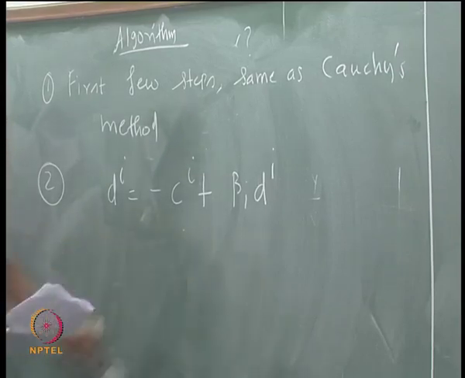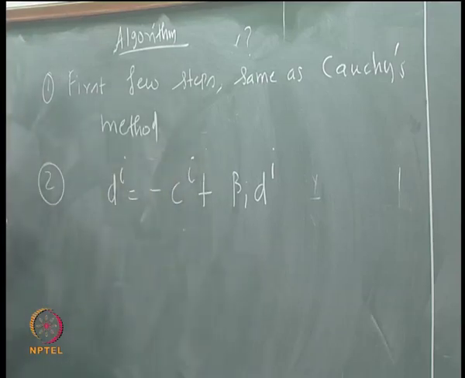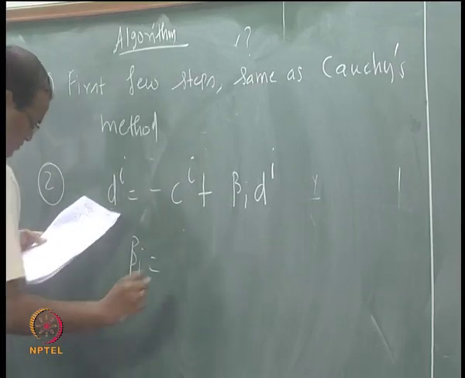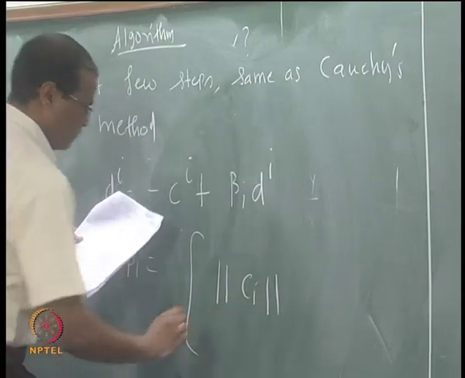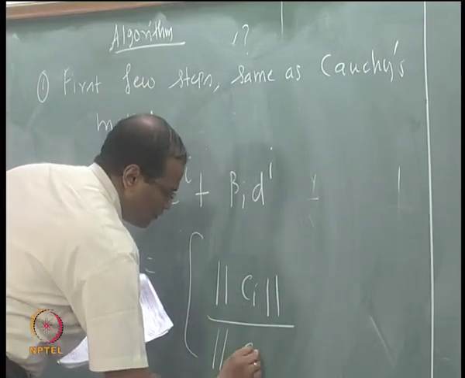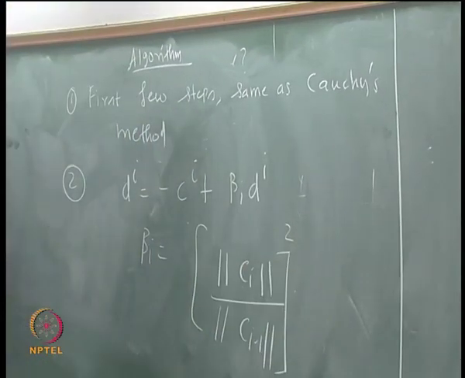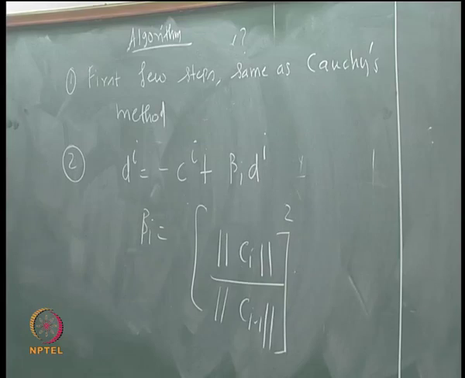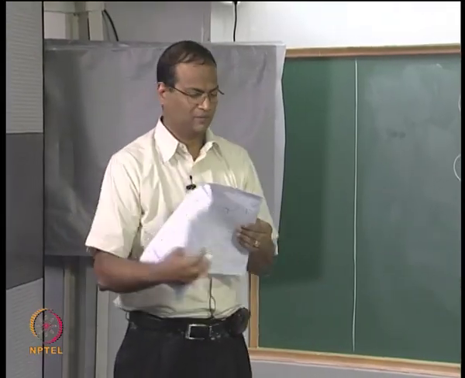Okay, you calculate the c_i, but now I introduce a beta_i. You calculate the length of del y at the current iteration and the previous iteration, take those ratios, square it, that becomes your beta.